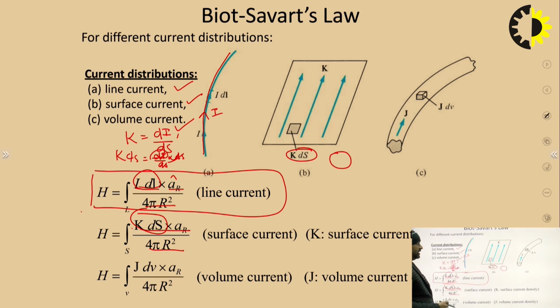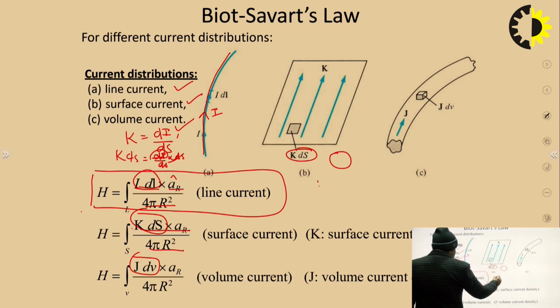So if the charge is distributed along the surface, we use the K element, the surface current element. And if the charge is distributed along the volume, this formula is converted into the volume integral J dV cross aR upon 4 pi R square, where J is the volume current density, or dI by dV, the current flowing per unit volume.